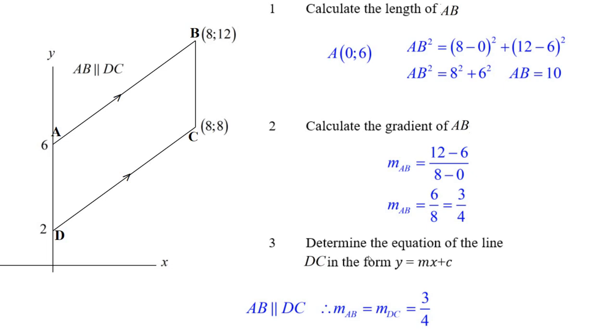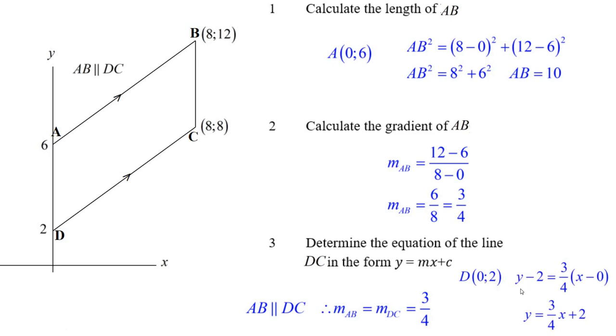Now, if they ever say find the equation of the line, you're going to be given a formula, and it goes y minus y1 equals m times x minus x1. It's called the point gradient formula. You take a point. You could take the point D, because D is (0, 2).